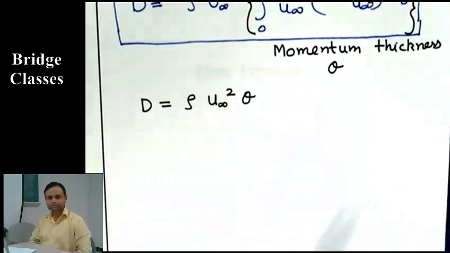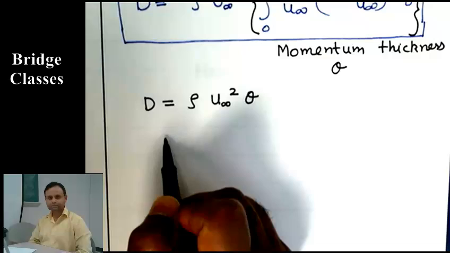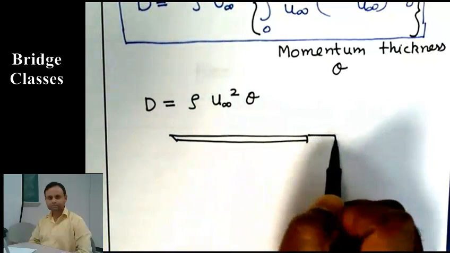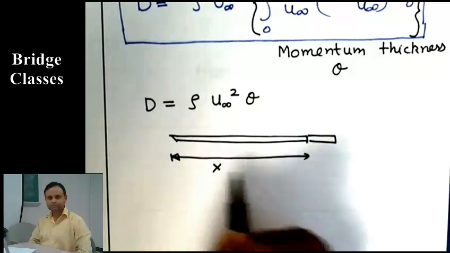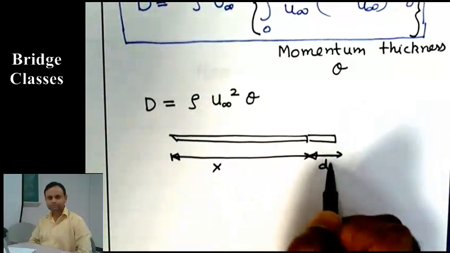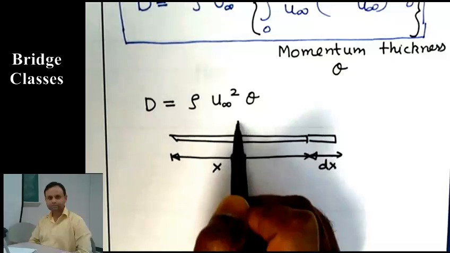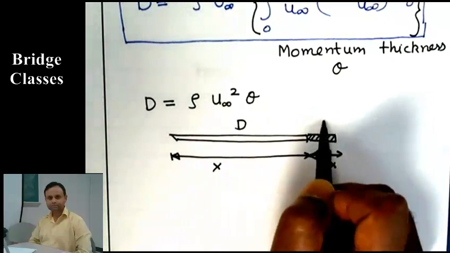Now, before you do that, let me explain one more thing. Let us say this distance is x, and then we make a differential change in this. This is dx. Say the drag up to distance x was D, and the drag on this section here is dD.